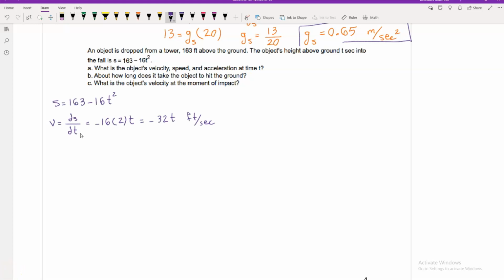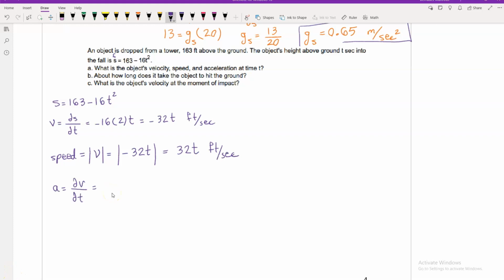So here, based on what is given for s equal to 163 minus 16 t squared, finding velocity, that is the derivative of our position with respect to time. So this is equal to negative 16 times 2 times t, and that is negative 32 t feet per second. And now finding speed, it is the absolute value of velocity, that is the absolute value of negative 32 t, so that is positive 32 t feet per second.